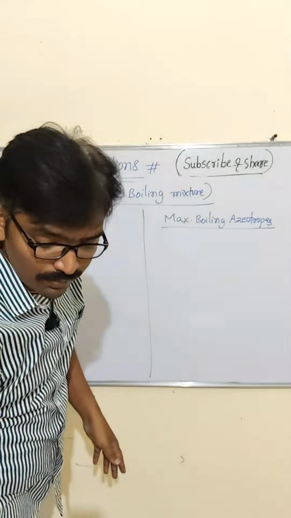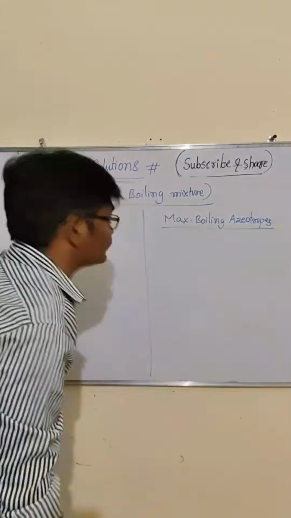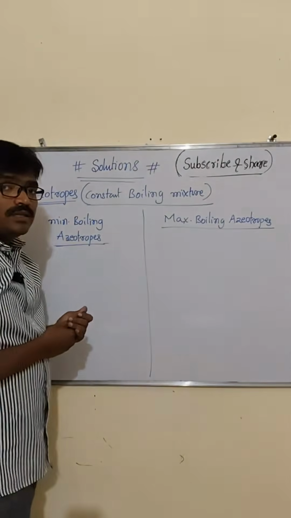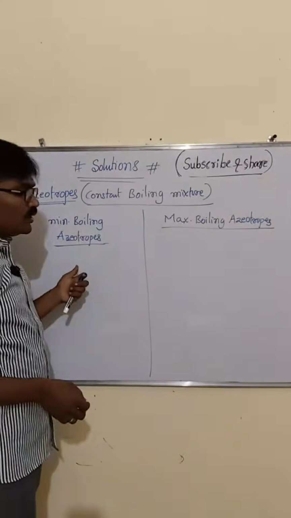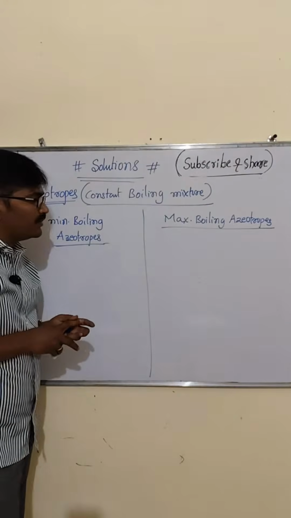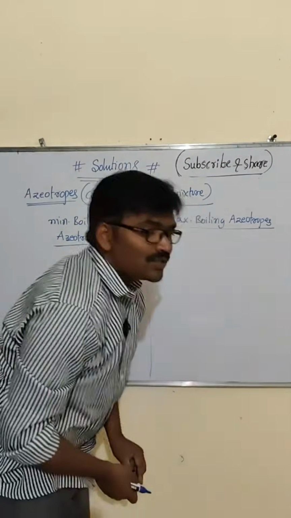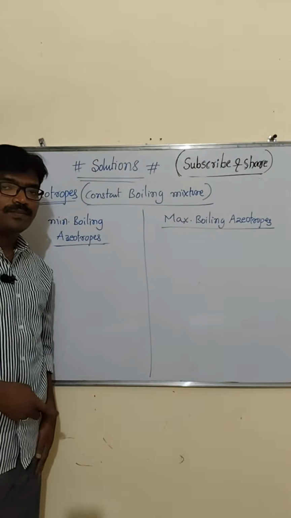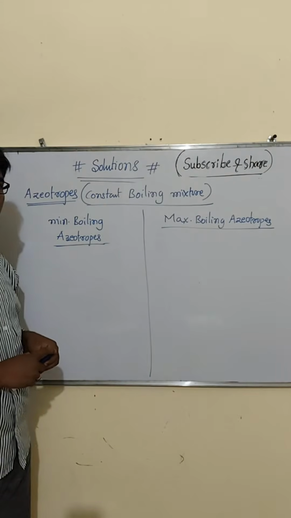So what are minimum boiling azeotropes? The solution which boils at a temperature below that of both solute and solvent, that type of solution we call minimum boiling azeotropes.